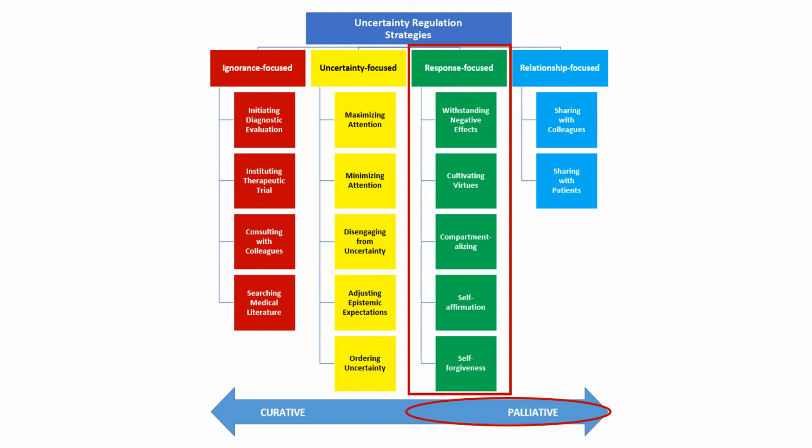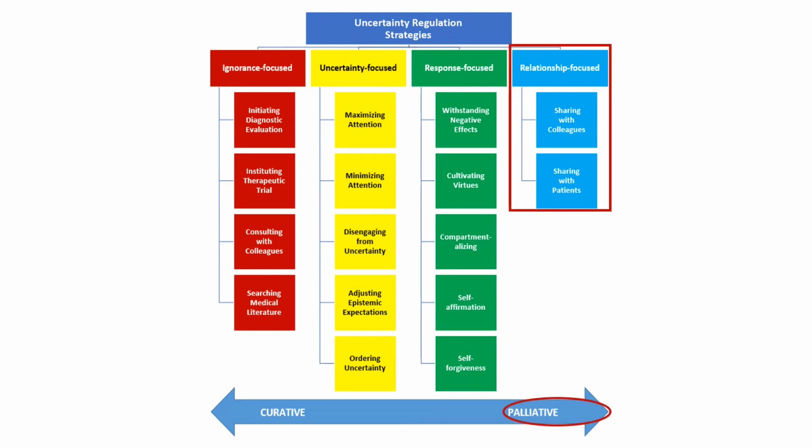Compartmentalizing consists of dissociating oneself from specific negative reactions. Self-affirmation consists of acknowledging key values that provide meaning in one's life. And finally, self-forgiveness consists of the ability to exercise mercy and to let go of self-blame. The goal of all of these different response-focused strategies is palliative. It aims to ameliorate the suffering that uncertainty causes.